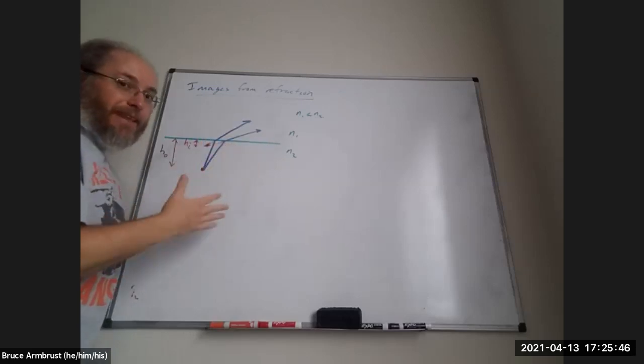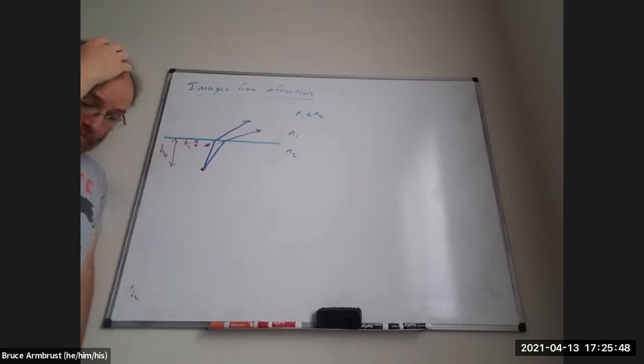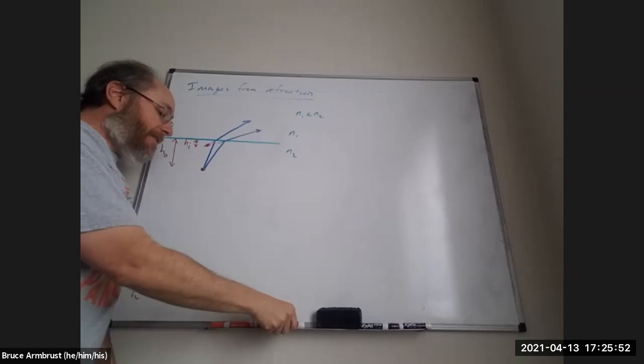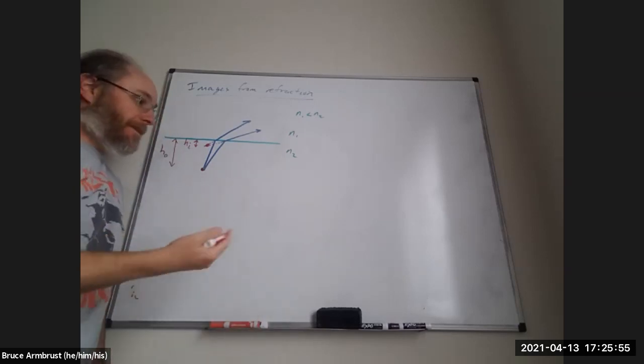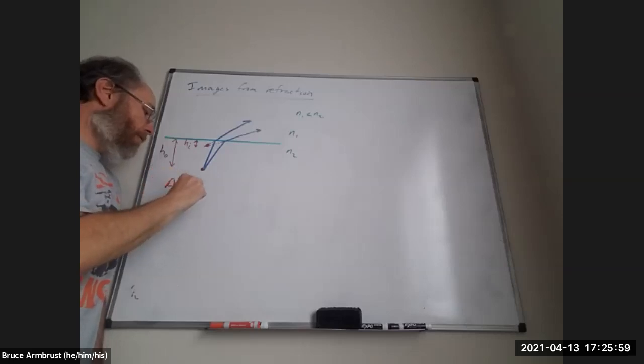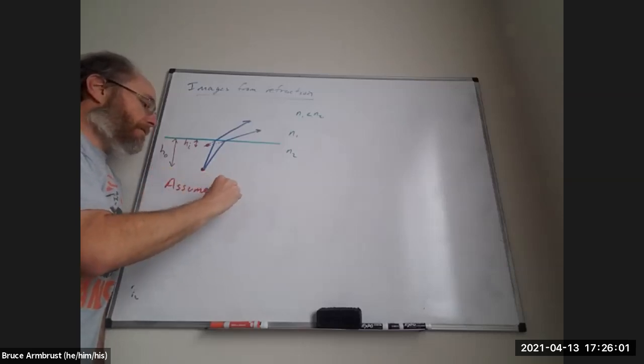We're going to get very different things depending upon those thetas. So what we're going to do is basically our good old small angle approximation as always. We're going to assume that the thetas are small.